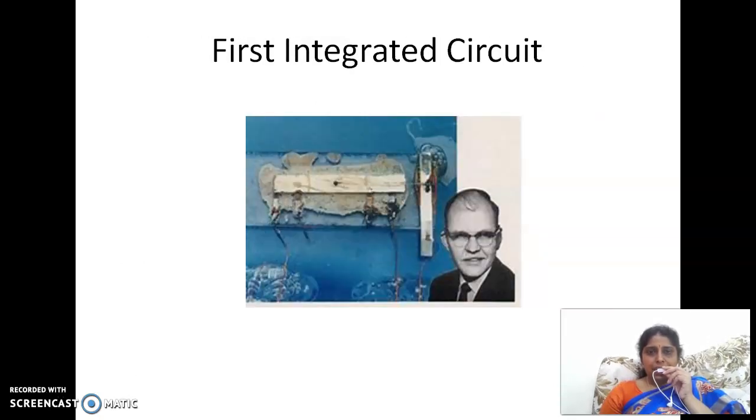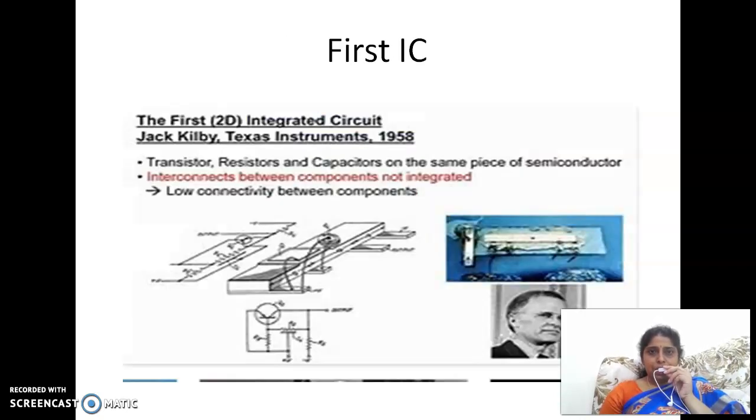Next are the integrated circuits given by Kilby. This is the first integrated circuit. It has transistors, resistors, and capacitors on the same piece of semiconductor, but it had the problem of low connectivity between the components.